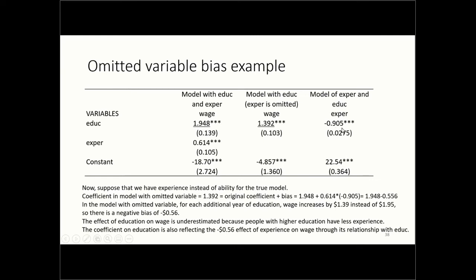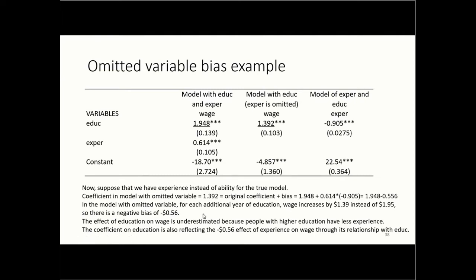So repeating from the previous slide, this coefficient is the original coefficient, 1.94, plus this coefficient times this coefficient with a negative sign. So here we actually have a negative bias. The negative bias is 56 cents.